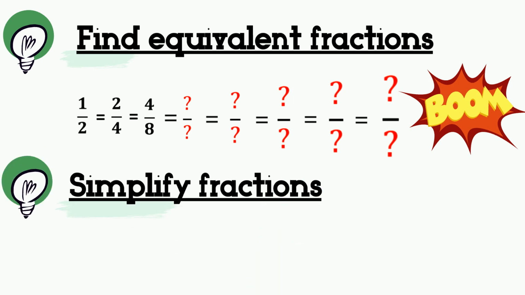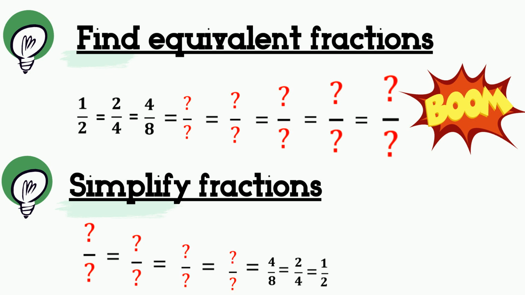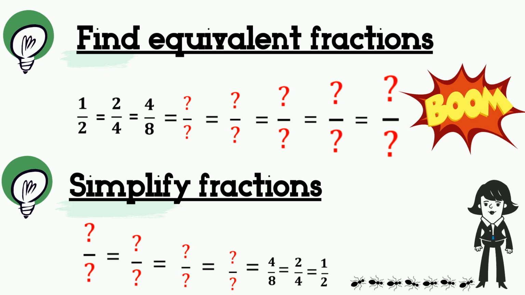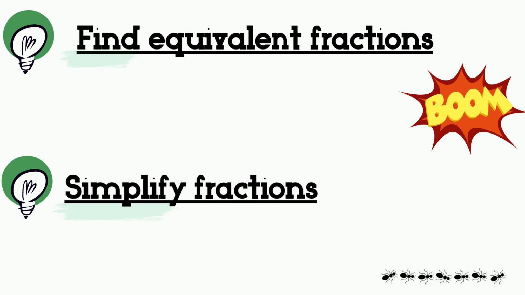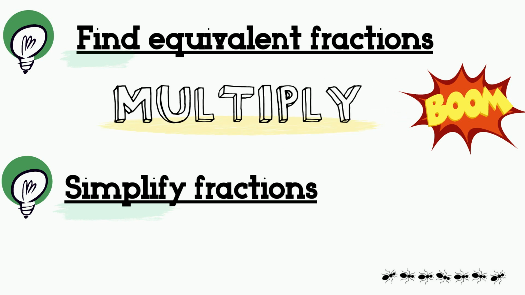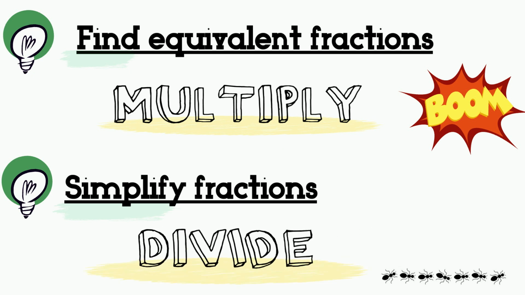So how can we make the number look smaller? We simplify the fraction. To find equivalent fractions, we use multiply. To simplify fractions, we use divide.